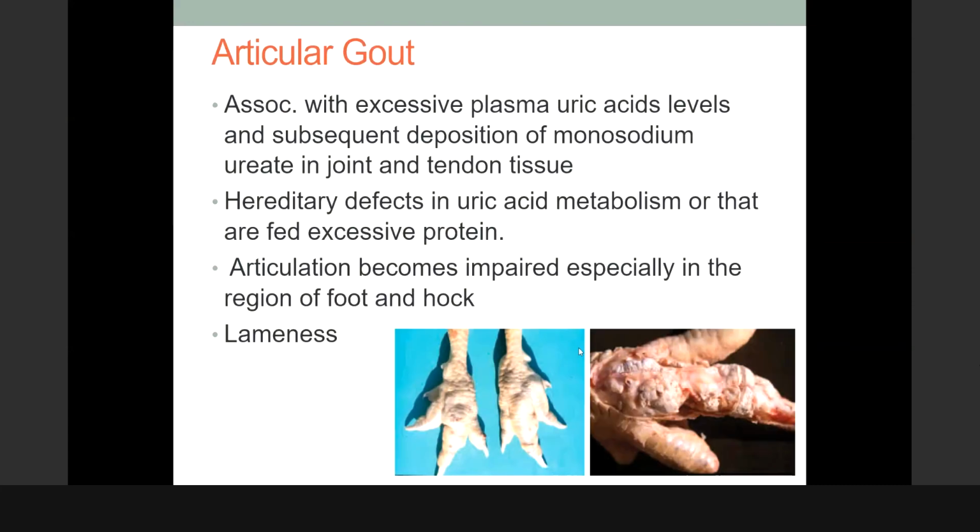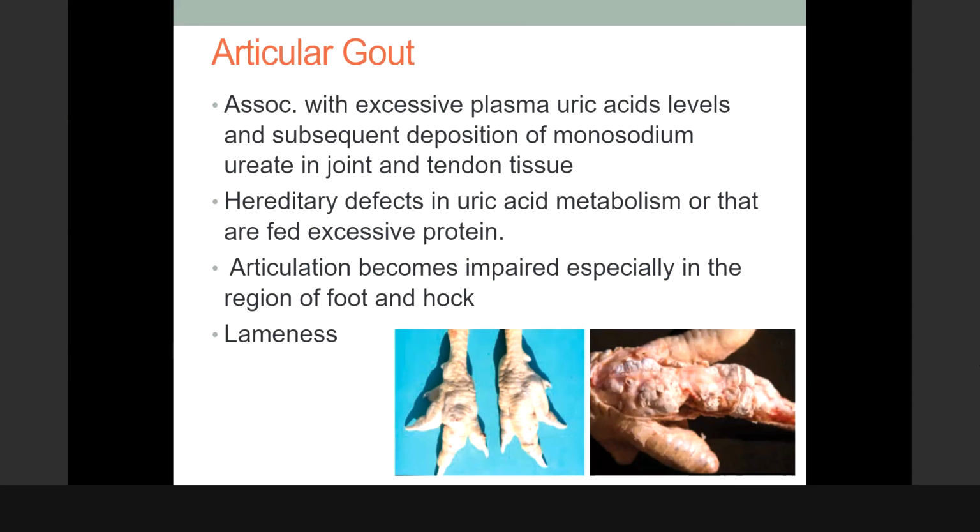Next one is articular gout. It's associated with excessive plasma uric acid levels and subsequent deposition of monosodium urate in joint and tendon tissue. Hereditary defects in uric acid metabolism or excessive dietary protein can affect it. Articulation becomes impaired, especially in the region of the foot and hock, and leads to lameness.